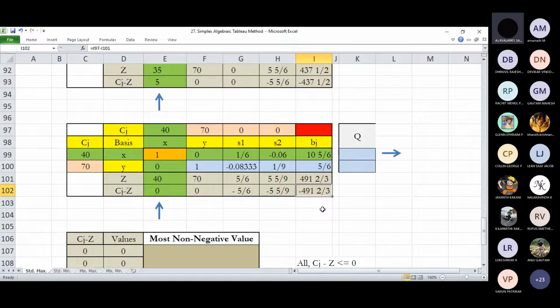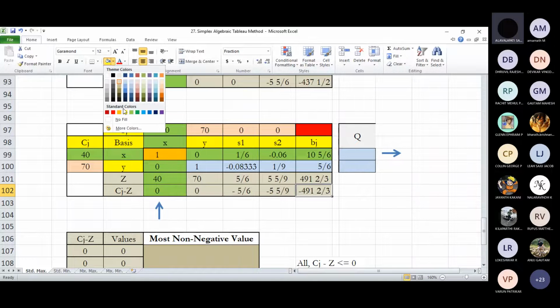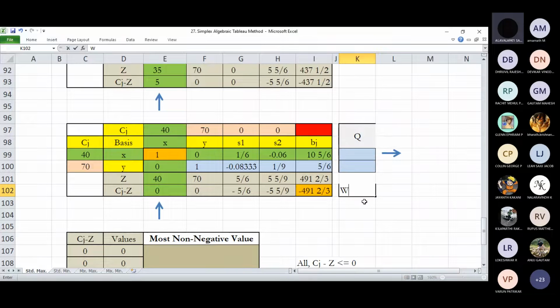Right. So this is the value of W. The value of Z is equal to minus of W. But we don't really take a look at that in much detail.